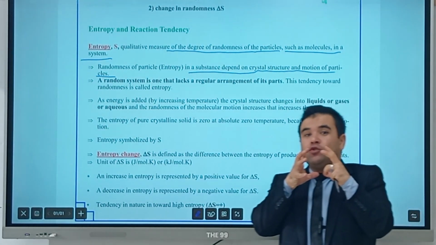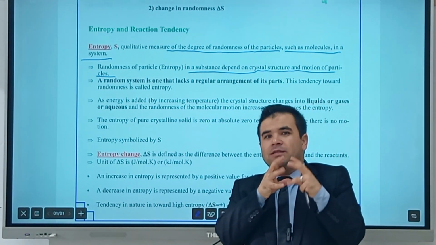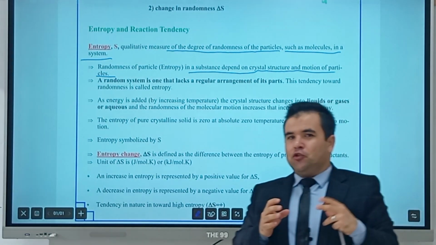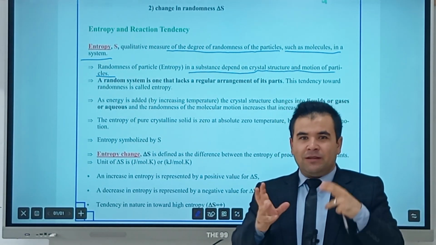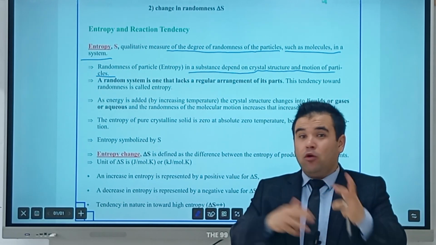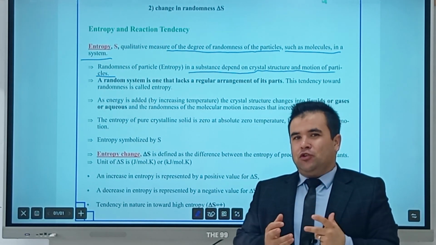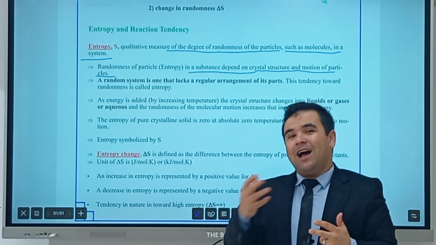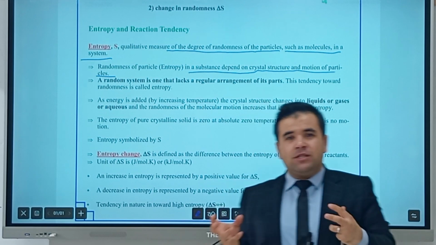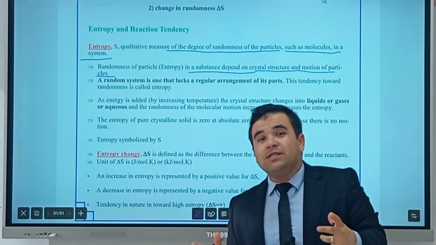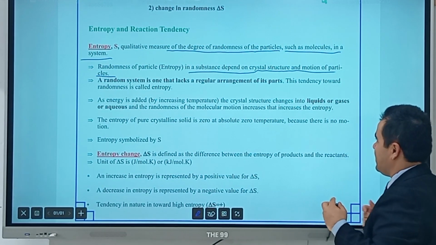If the structure is crystallized, like a solid, it has the least entropy. But if it's amorphous, like liquids and gases, that means they have a higher entropy. A lower order and a higher entropy. And as the motion of particles in a system increases, that increases the entropy and decreases the orderness of the process.